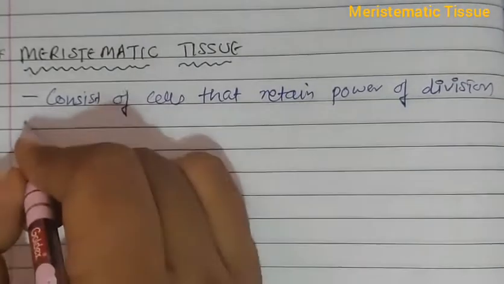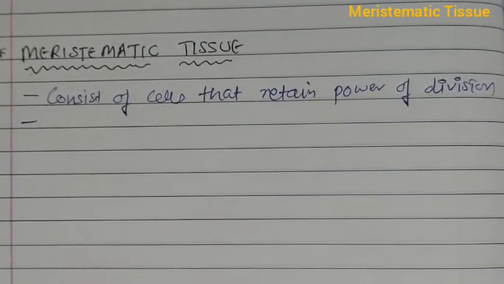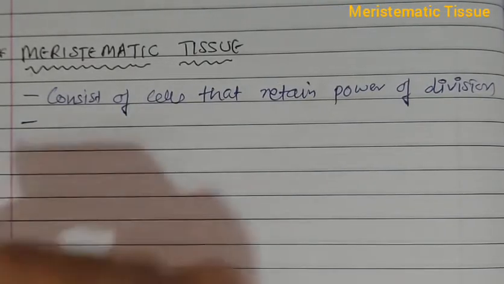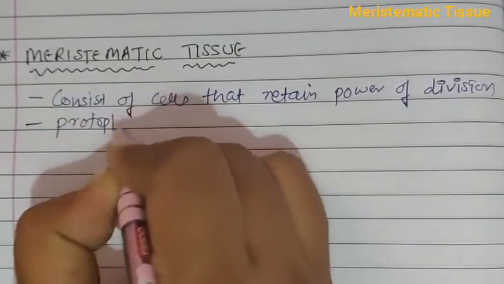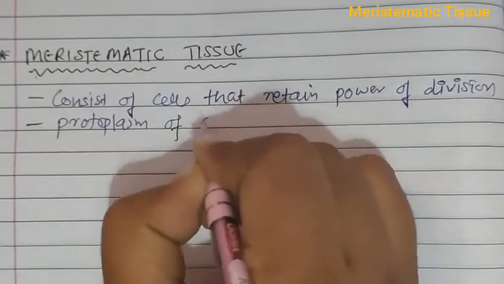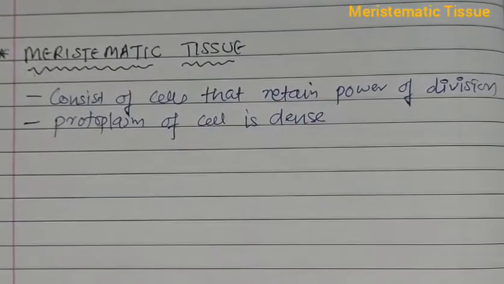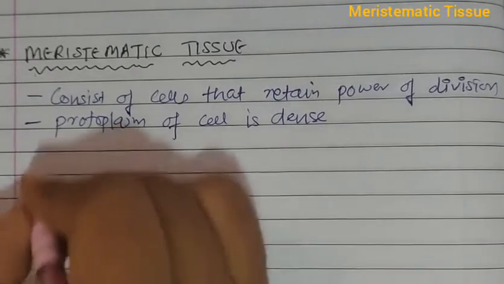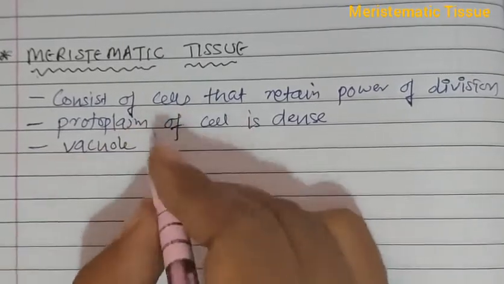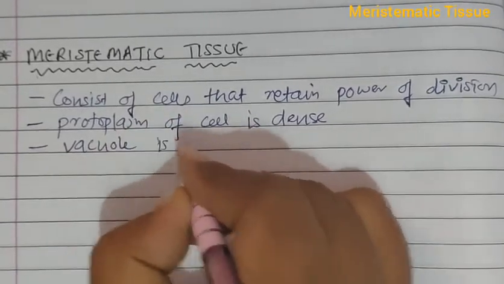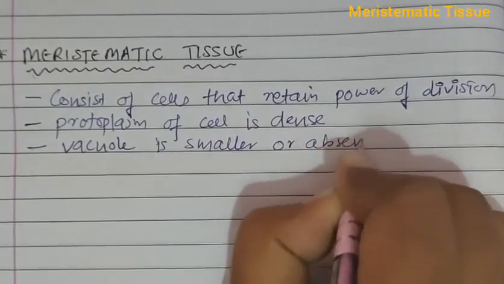The cells of meristematic tissue are considered meristematic cells. The protoplasm within the cell is dense. In their protoplasm, the vacuole is smaller or absent.